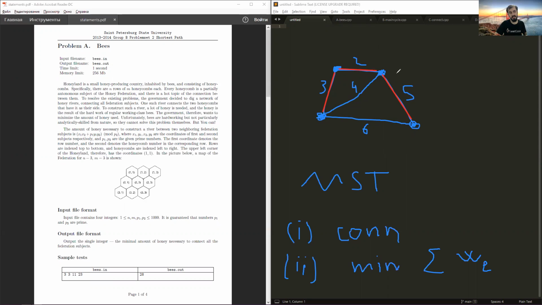To prove that this is an MST, you need to either run an algorithm that is proven to be correct, right? Or loop over all possible spanning trees. So loop through all possible connected subgraphs, calculate the sum and compare it to the minimum. And obviously, looping through all possible subgraphs is an impossible task, right?